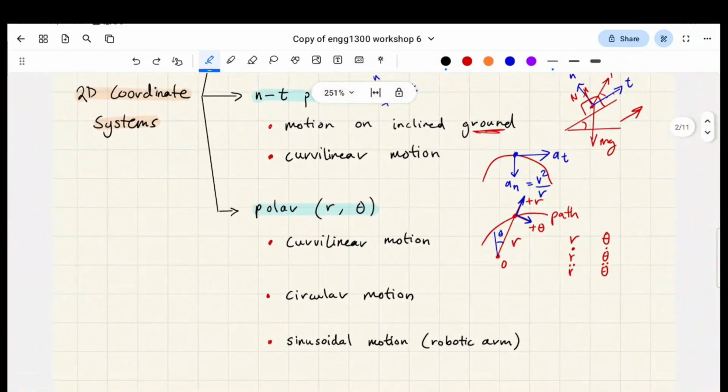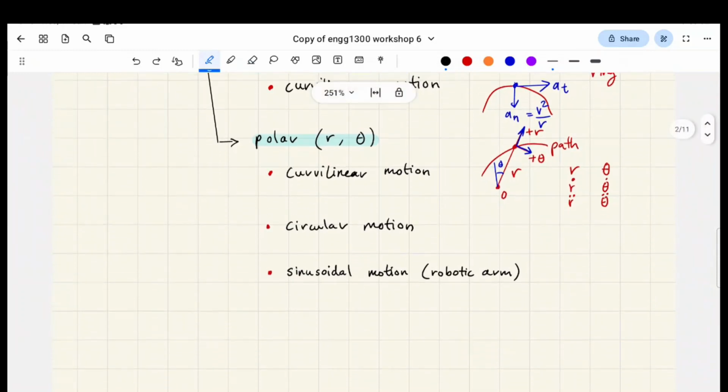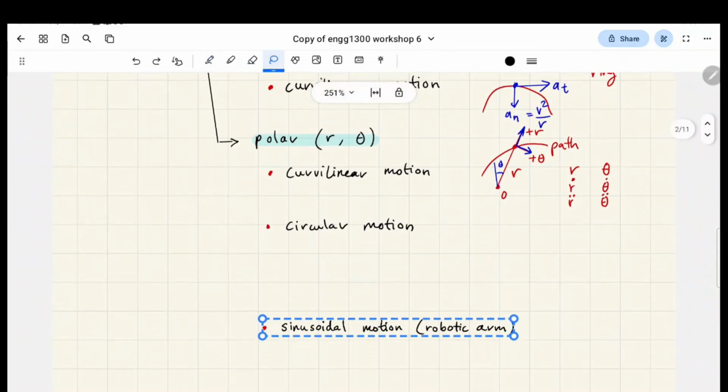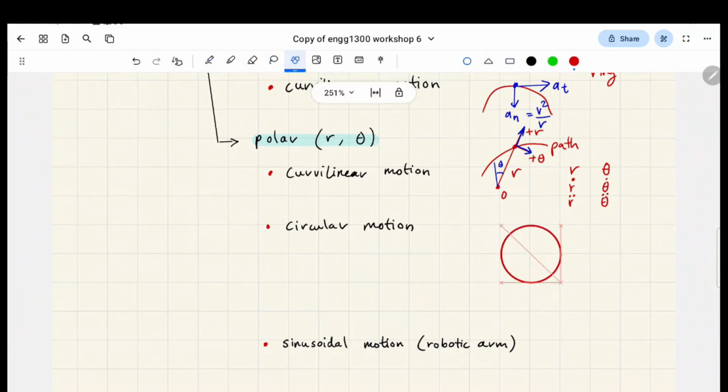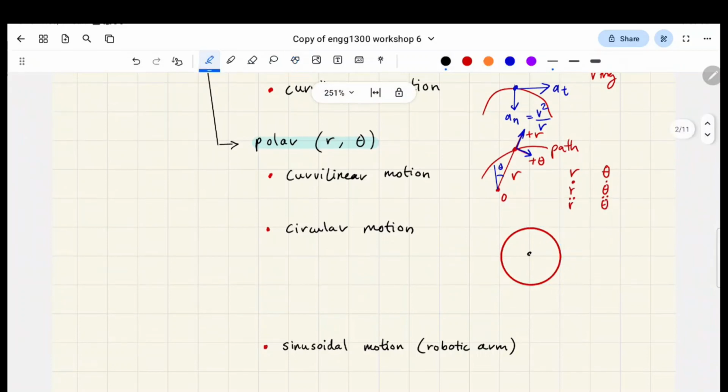A special case of polar coordinates undergoing a curvilinear path is a circular path, right? These two words don't mean the same thing. A circular path is literally a circle. And for a circular path, the radius is fixed, so the radius is constant.